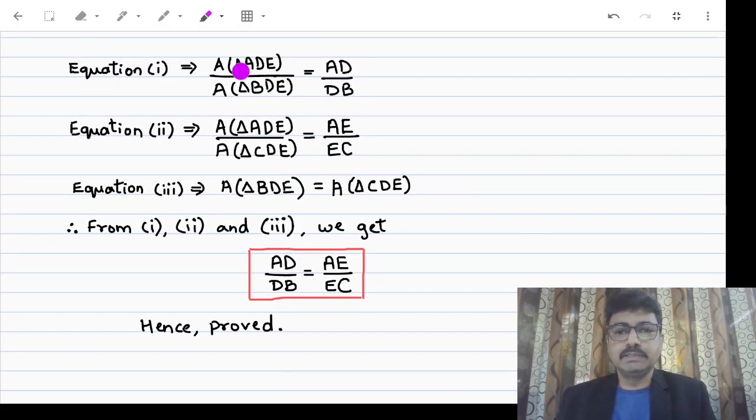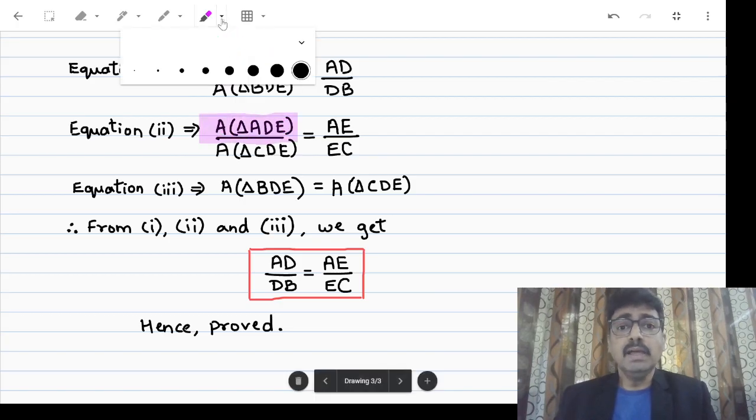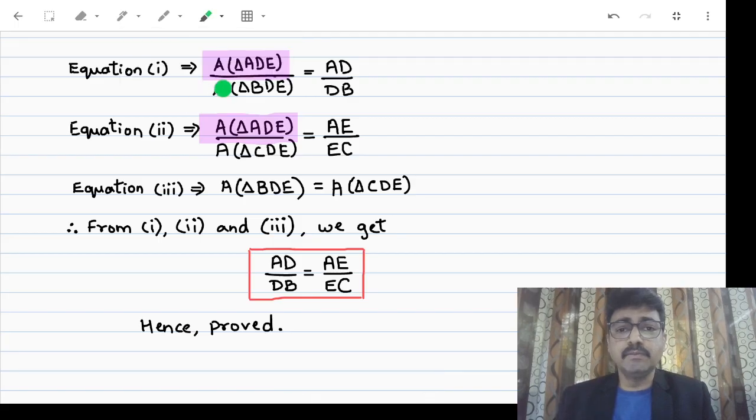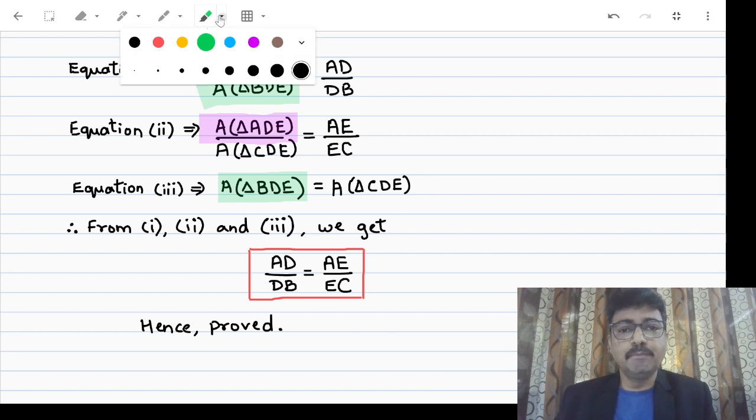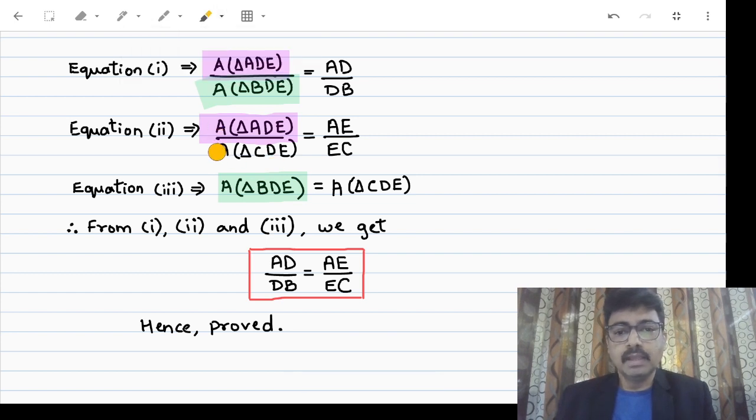In equations 1 and 2, the left hand side numerators, area ADE and area ADE, are equal. The denominators, if you observe, BDE and CDE were not equal, but in the third equation we proved even that equal. Area BDE is equal to area CDE.